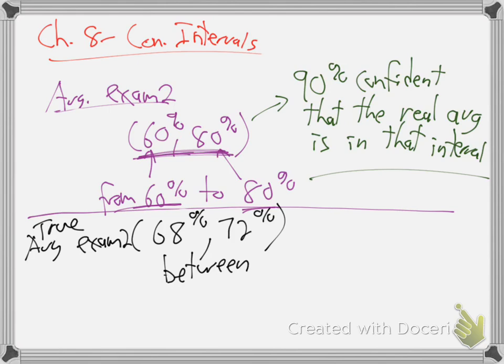Now, just give me your real life feel. How confident would you be, or I be, about that more narrow statement? Would I be more sure that the real average is in there? Again, I don't know exactly what the true average is. It's somewhere around that. So I said, hey, I'm 90% sure that the average is between 60 and 80 on exam number 2. What if I said, I think the average is between 68 and 72?